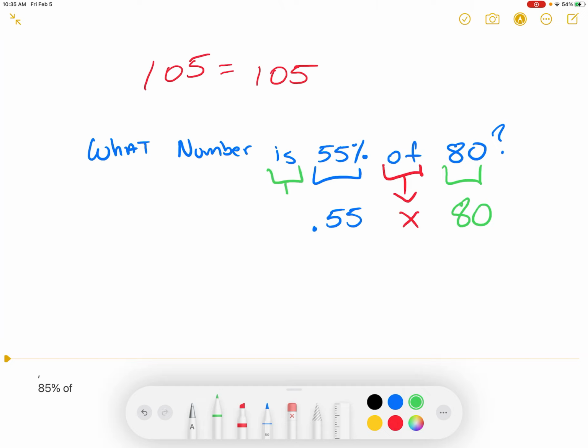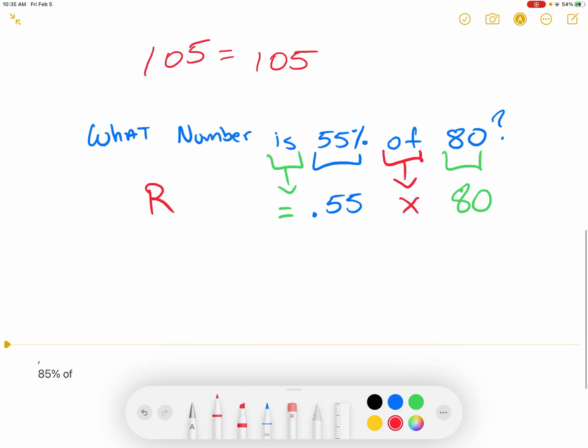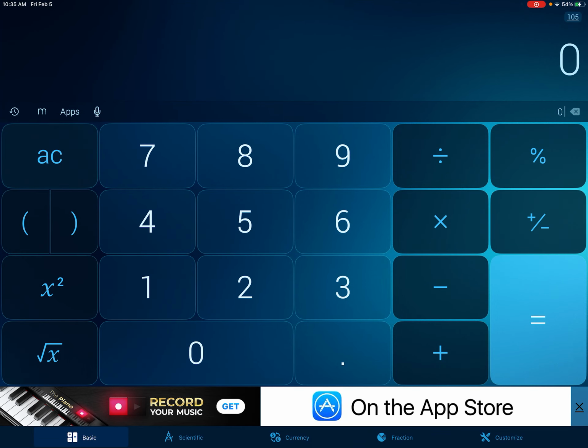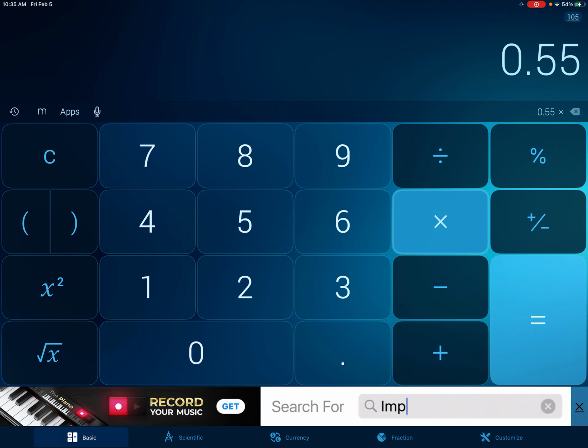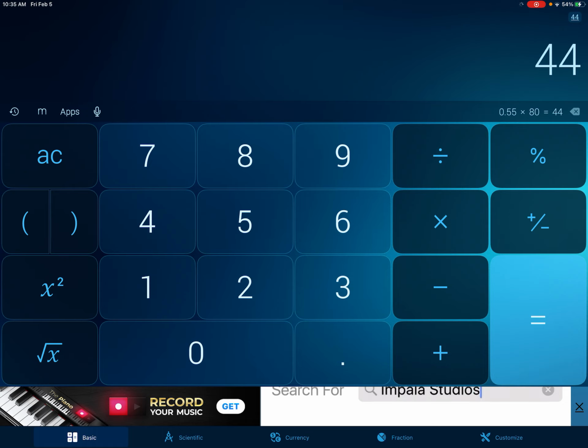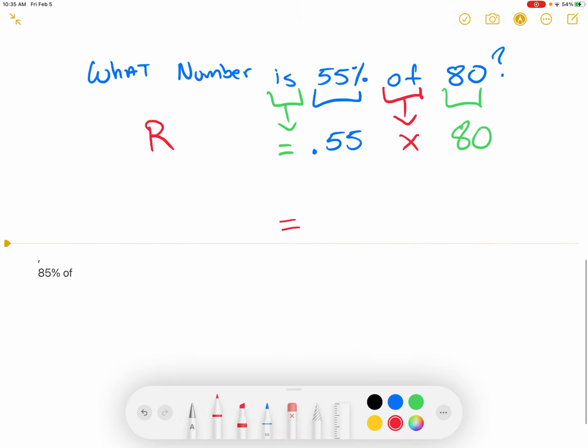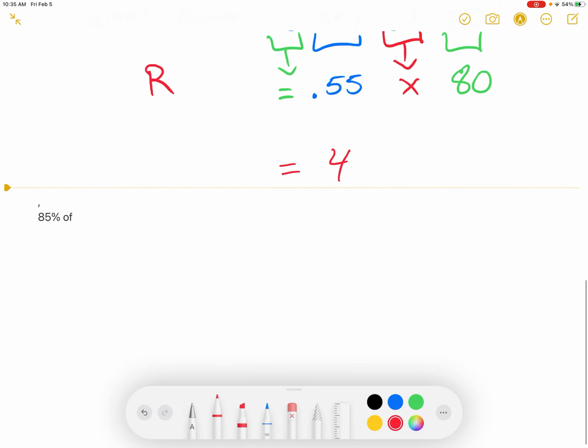I know "is" is the same thing as saying equals, and I know I'm looking for a missing number r. So again, simple. 0.55 times 80, or 0.55 of 80, is 44. So this comes out to be 44 is the missing number r.